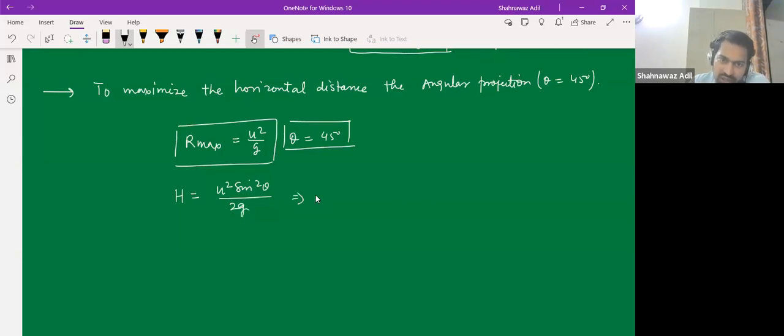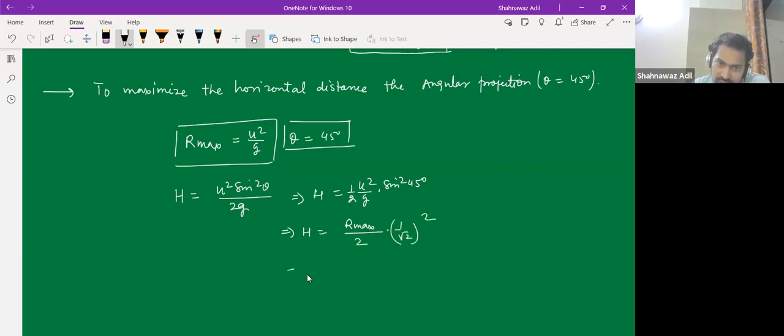So h at R max is u square by g, into 1 by 2, and then sine square of 45. So this is h, and u square by g is R max, by 2, and this is 1 by root 2 squared.